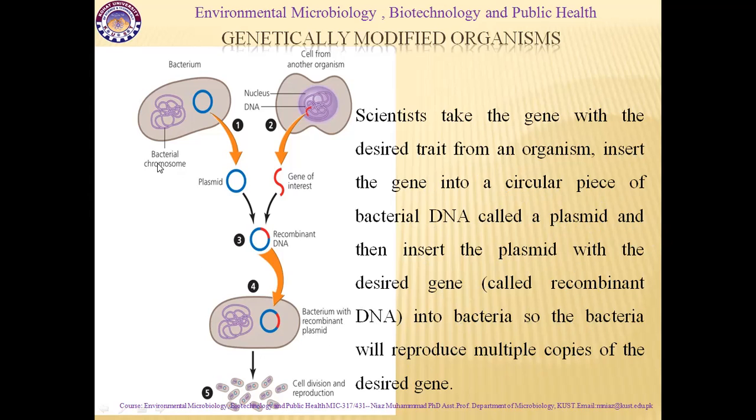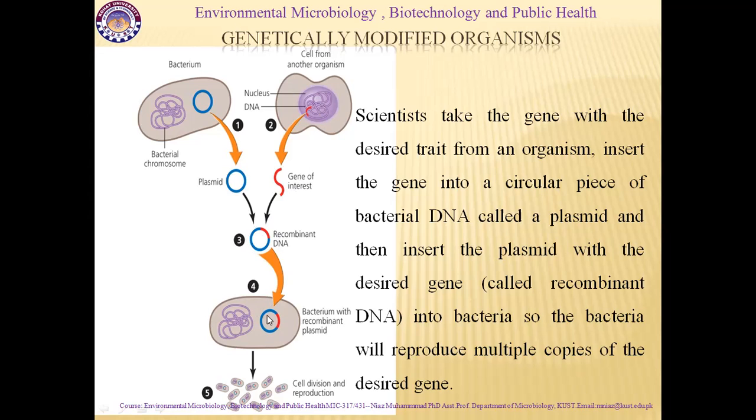What they did: this is the bacterial chromosome and bacteria, this is a cell from another organism, this is the nucleus, this is DNA. Okay, they have taken a plasmid from the bacterial cell, and have taken a gene from this mammalian cell. This gene has been inserted in this plasmid. This is called recombinant DNA.